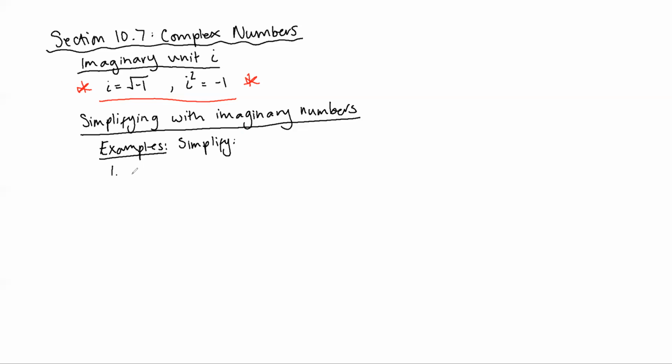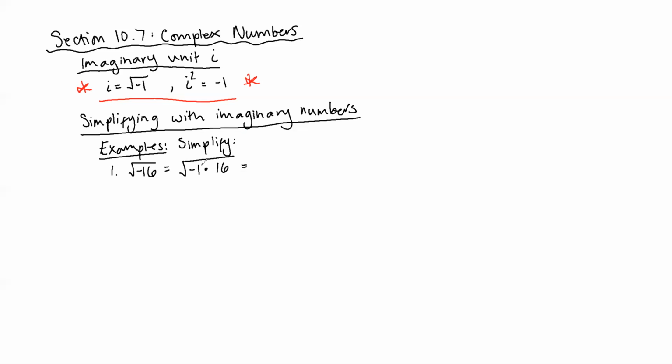So number one here, we're given the square root of -16. Now I'm going to go through this one first in the kind of long way, and then what I'm basically going to end up doing with these is pretty much skipping from the first given problem to the end. So what we're going to do first is split this -16 into -1 times 16.